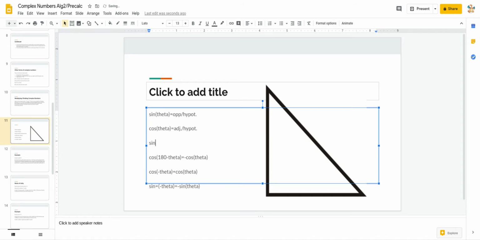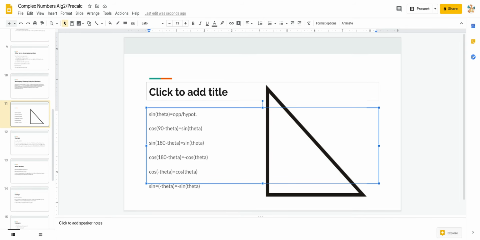And then sine of 180 minus theta is equal to sine theta. And then finally, cosine of 90 minus theta is equal to sine theta. Those are your main identities to know. So we can use that.